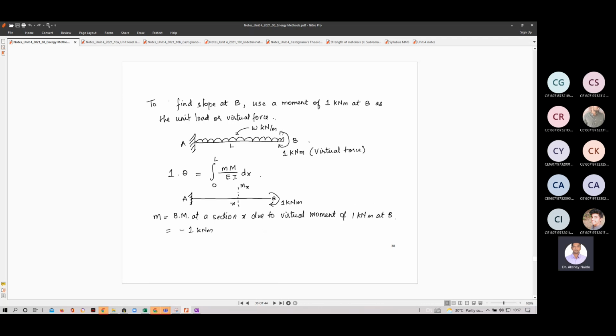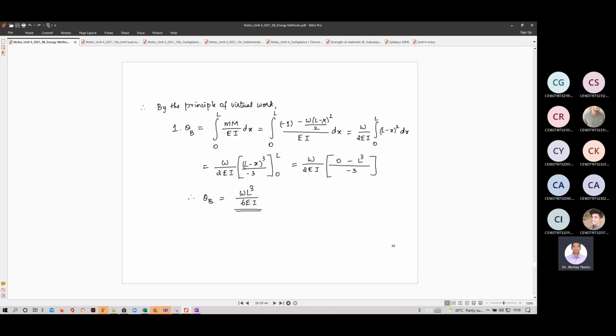Then if I want to find theta, instead of using the virtual load of one unit load of 1 kilonewton, I use a virtual couple moment of 1 kilonewton meter. And again, I find the bending moment. It's constant here, -1. Here it is W into L minus X whole square by 2.